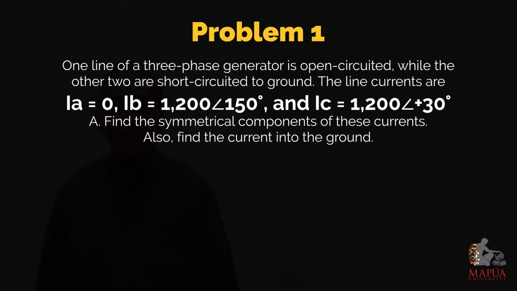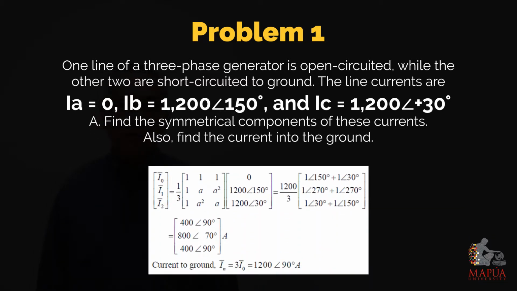Also, find the current into the ground. So what we'll be doing is solving for the sequence currents I0, I1, I2. These are the zero sequence current, positive sequence current, and negative sequence current. That will be equal to 1/3 multiplied by the A matrix multiplied by the phase values of the currents.